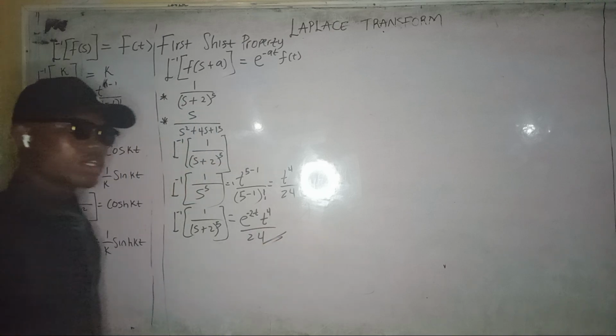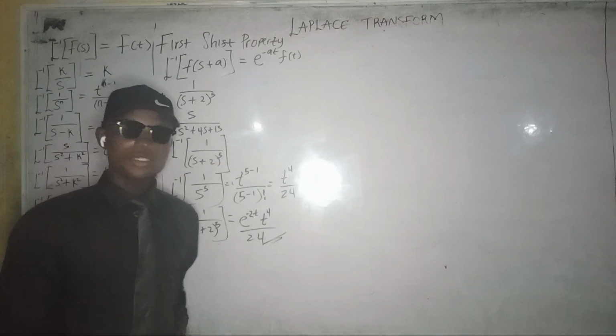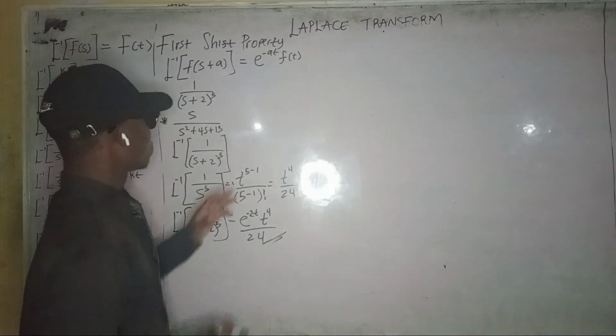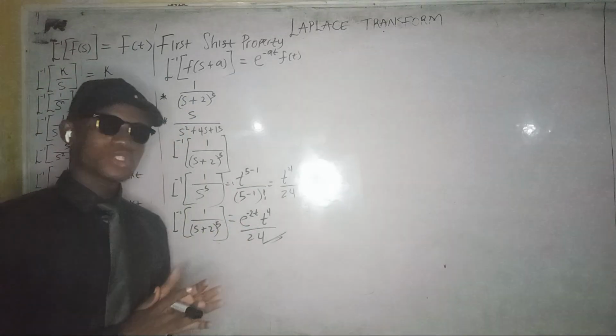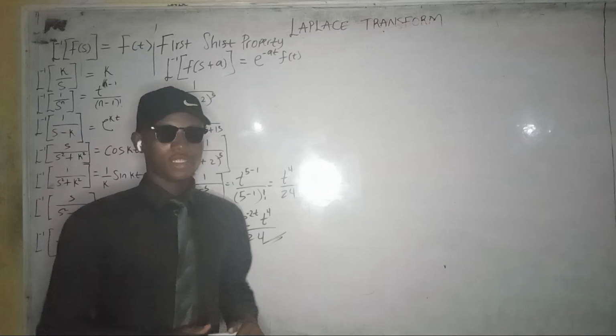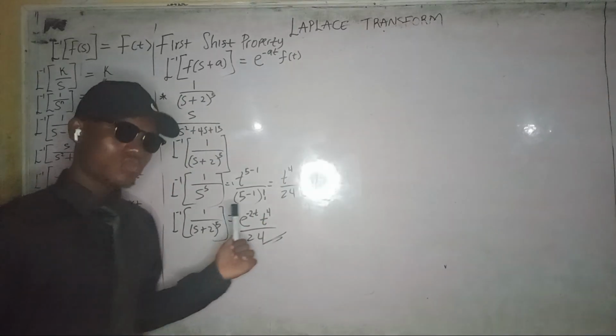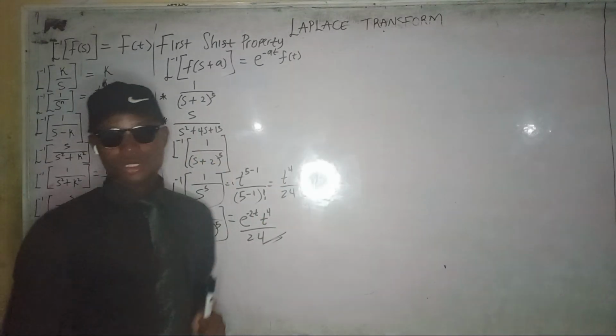So this is going to be our final answer for this. This is a little bit logical, so with a lot of practice, you are going to understand this. And now let us move on to our second question, which is this.